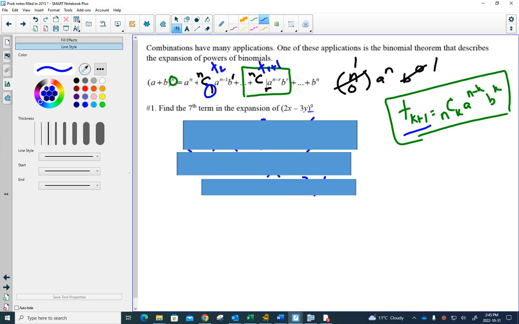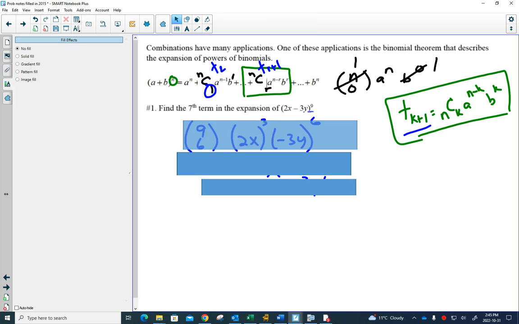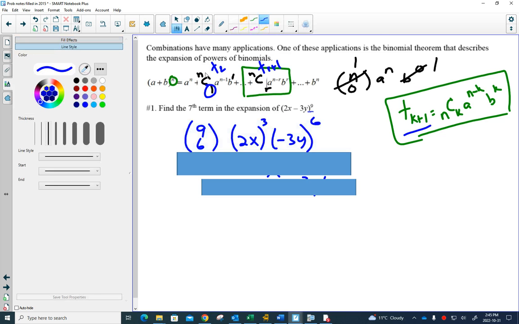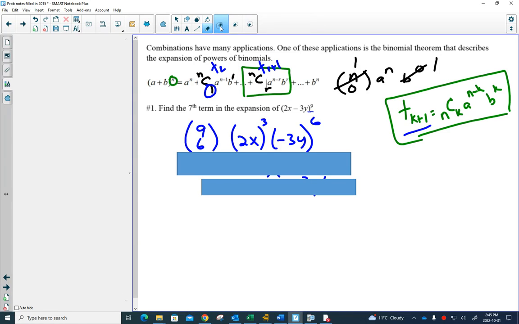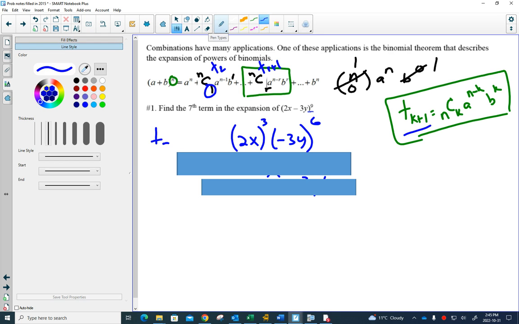So if you want to find term 7, I'll just erase this and change it to the new notation. Then term 7 would be 9 choose 6, and the r value would be 6. Well, that's another major change. Last year it was a k value. Now it's an r value. I think that's going to be okay.